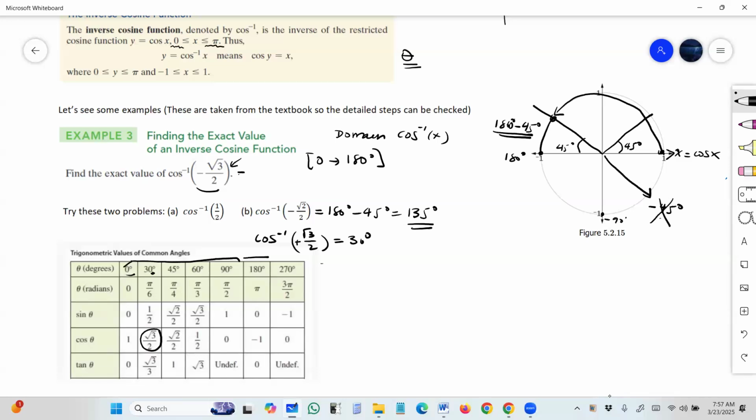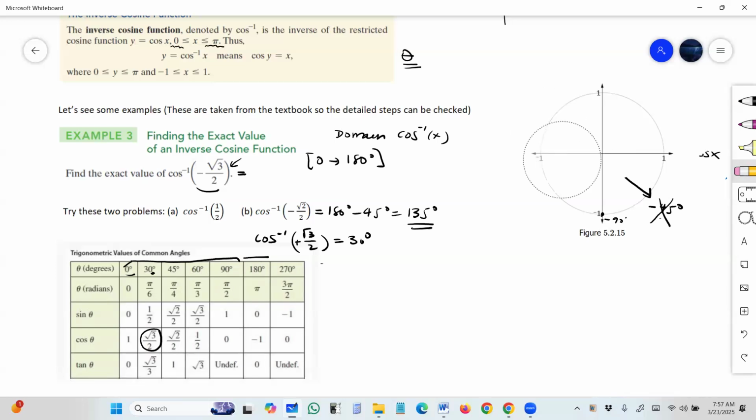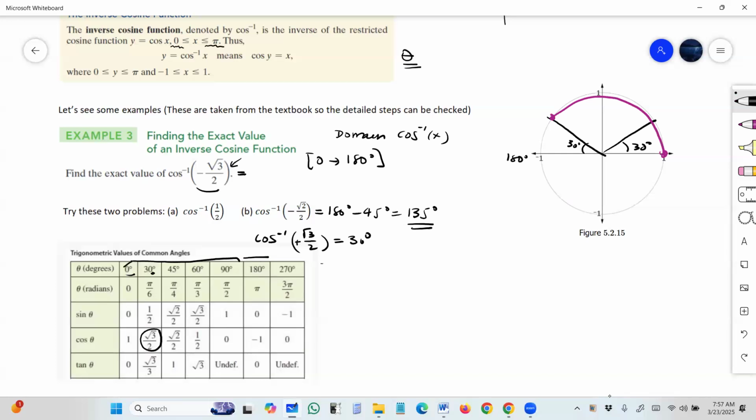For the negative, you know that you're in the second quadrant. So here's your 30 degrees, and for the negative, you know that you are here. The angle that you want is 180 minus the 30 degrees, which is obviously 150.